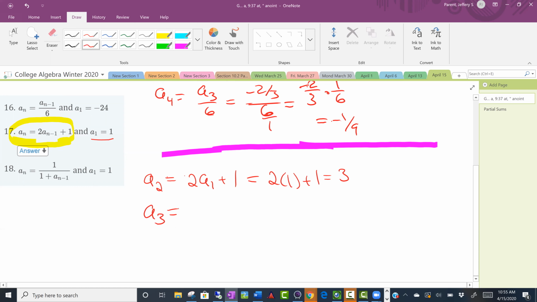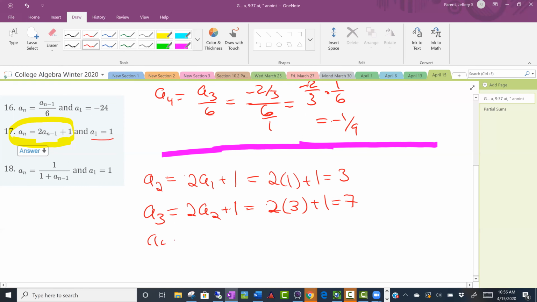And then we can keep going. If I want a sub 3, I need to take 2 times a sub 2, the previous term, and add 1. So maybe you can race ahead here. What do you think a sub 3 is going to be? Won't it be 7? Yep, 7. And so on.